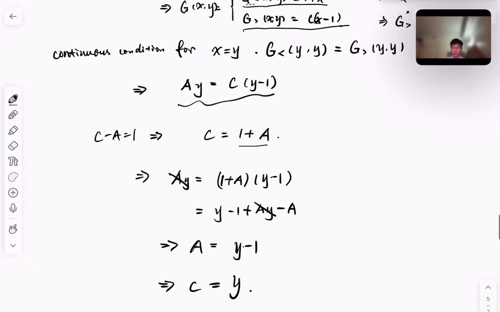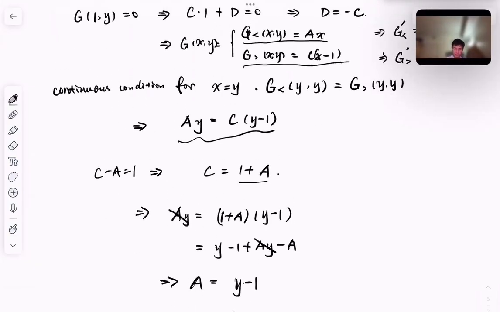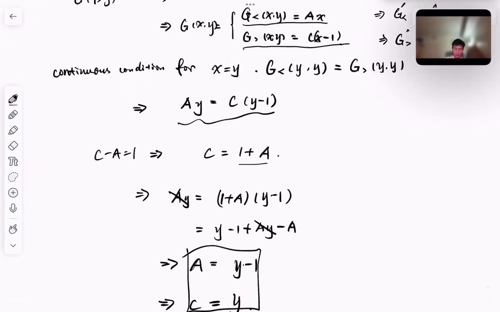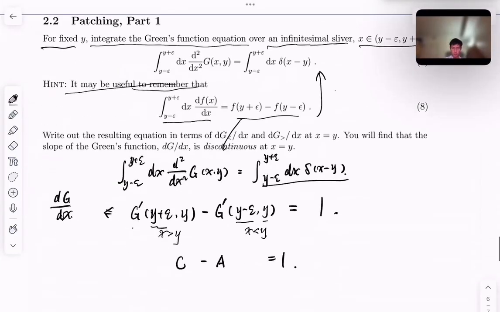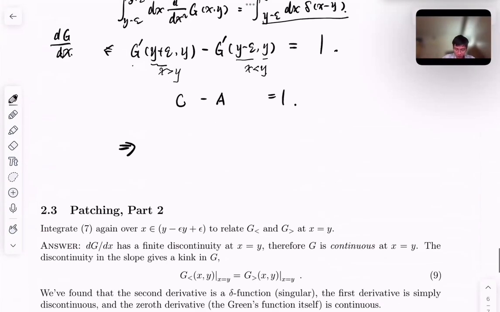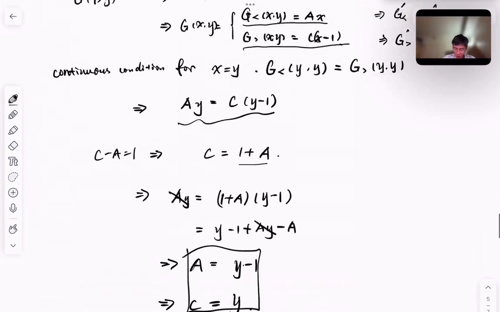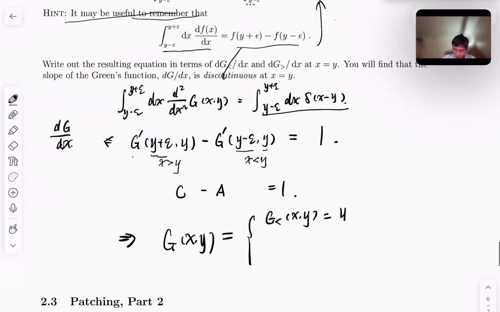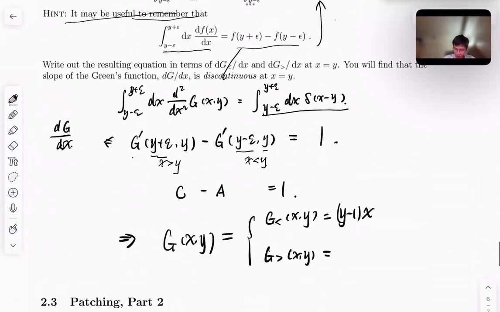So we got the answer to determine the solution, and we get g(x,y) for x less than y, a is y minus 1, that is y minus 1 times x; for x larger than y, and the c is y, so we get y times (x minus 1).